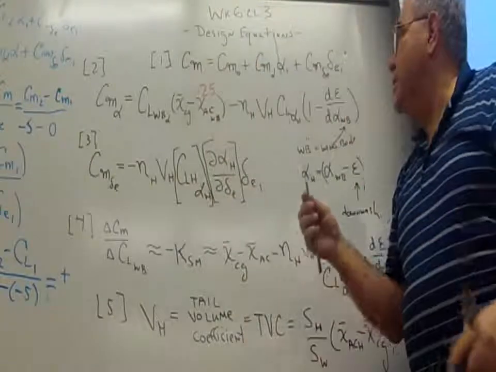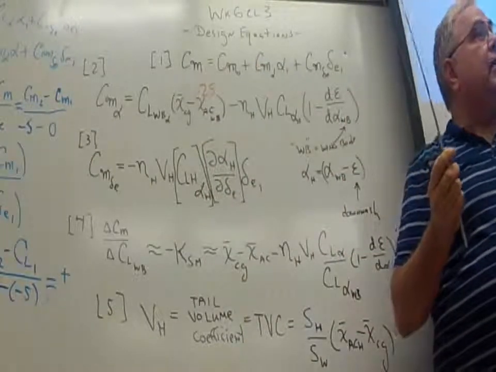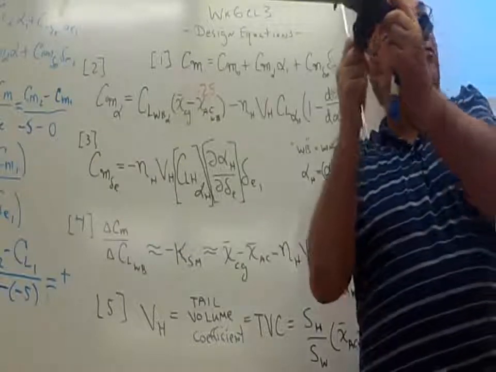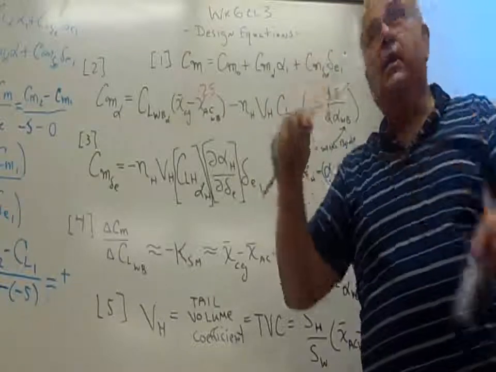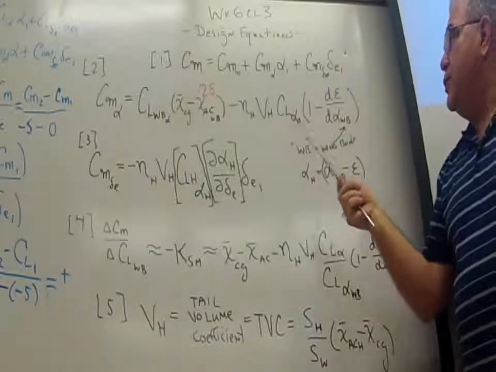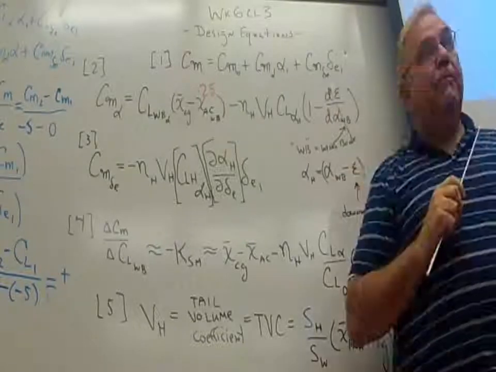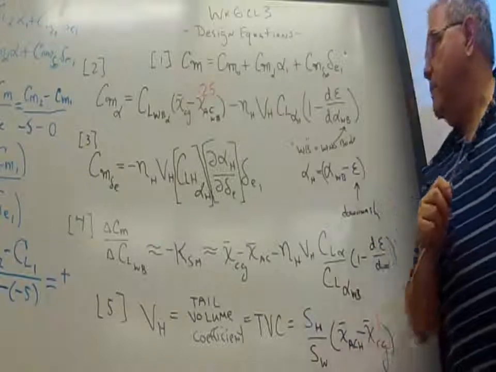So the rate of change of that downwash with alpha is going to have an effect on stability. It's going to have an effect on the moment due to stability, because you're going to be losing your angle of attack at the tail. The angle of attack at the tail, alpha H, is reduced by the downwash angle. Especially important for big airplanes, for obvious reasons, with lots of downwash.